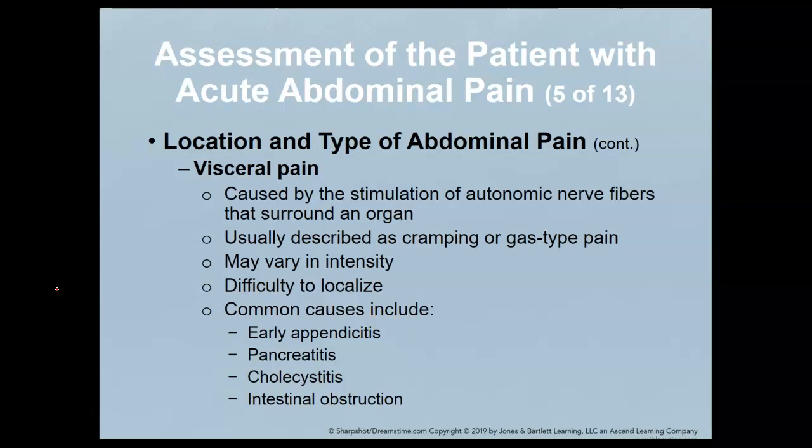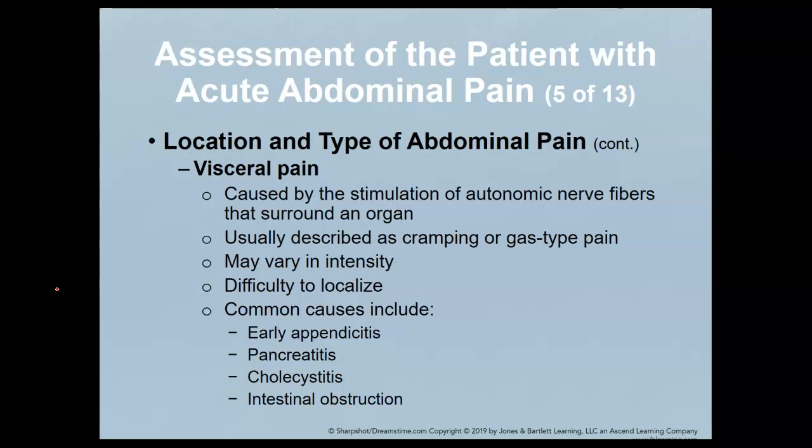Visceral pain is caused by stimulation of your nerve fibers that surround an organ. Most of the time, those are your hollow organs like gallbladders, appendix, the capsules of your solid organs like your kidney or liver. You're going to see this come from inflammation, from distension, which means it's being stretched out or inflated, and from ischemia, which is inadequate blood flow.